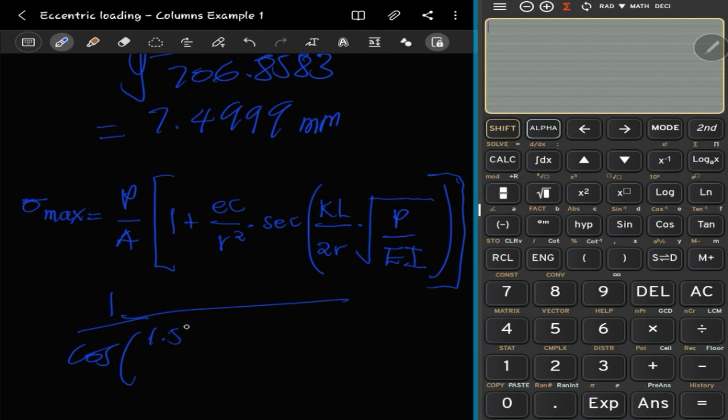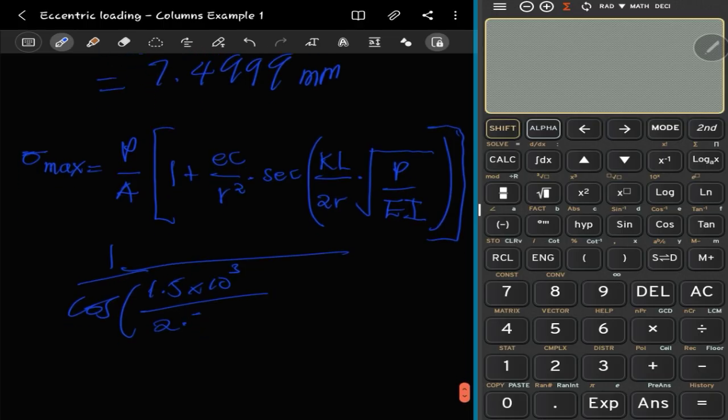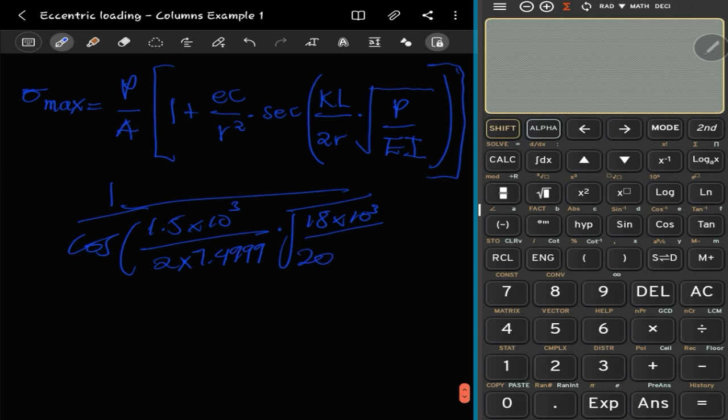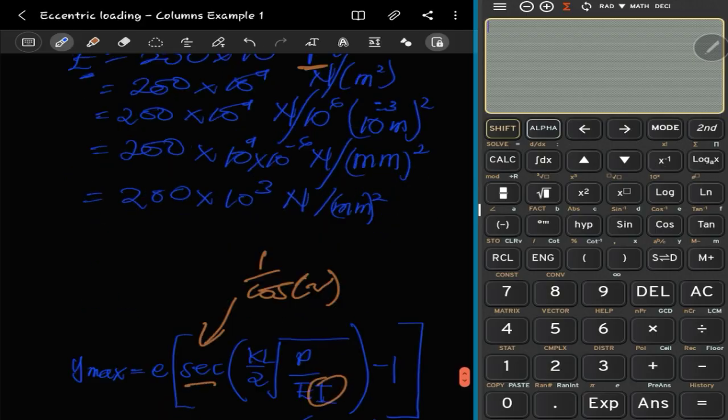So 1.5 times 10 to the power 3, and then 2R, we have an R now, which is 7.499 times 7.4999, right? And then we have our square root. Our P is about 18 times 10 to the power 3, that's our P. Our E we have to be about 200 times 10 to the power 3. Let's confirm. Yeah, 210 to the power 3.